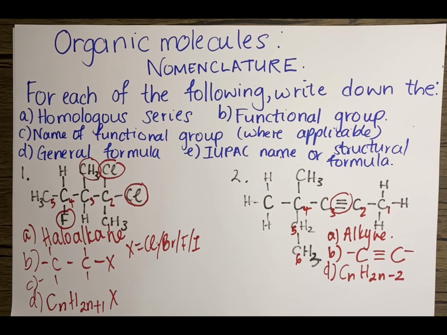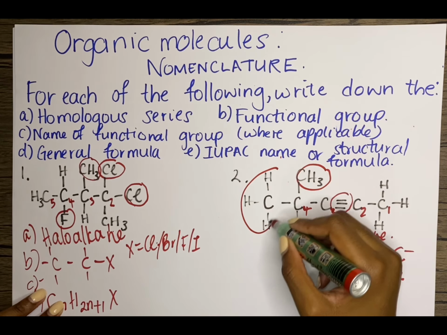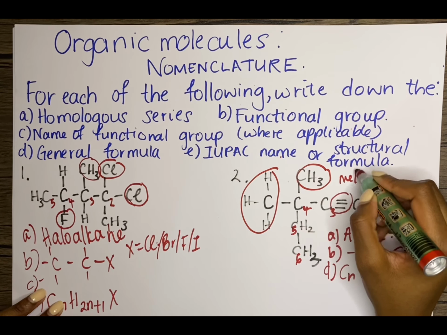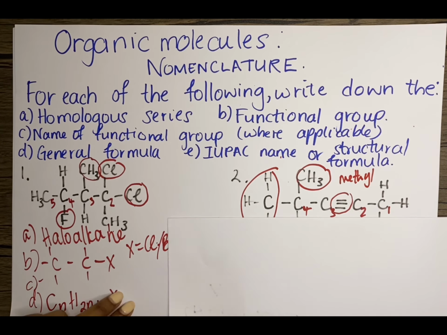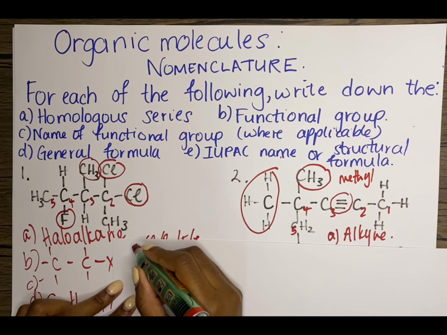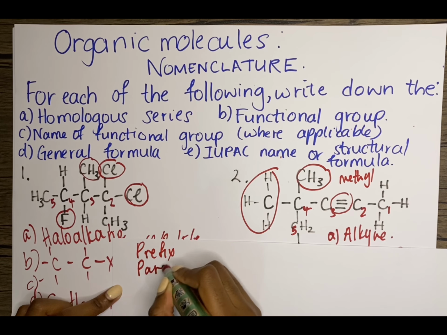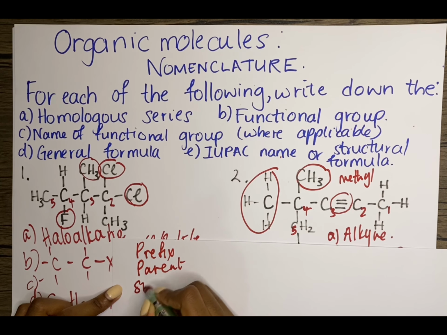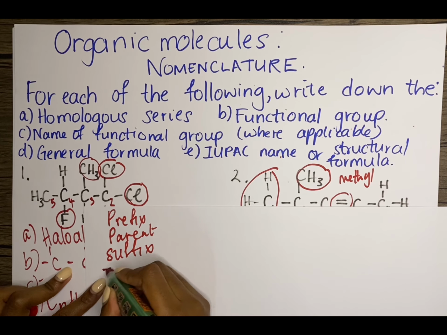Now when it comes to the naming, you've got these substituents, and these are both methyls. So you've got 2 methyls on carbon 4, so that's going to be prefix, parent, suffix, and IUPAC name.